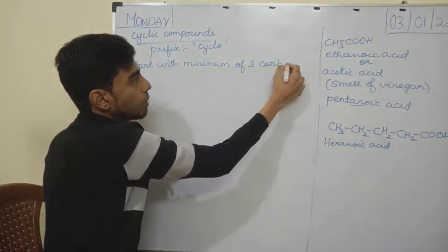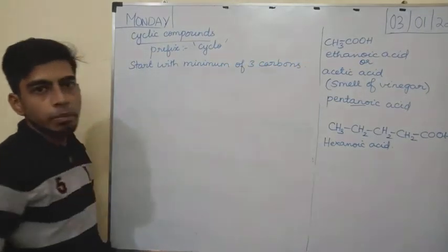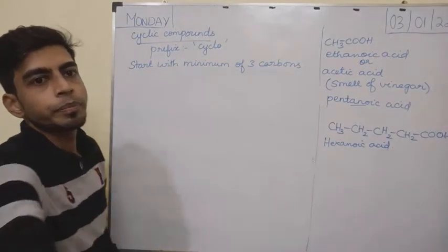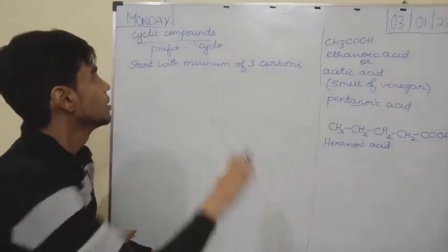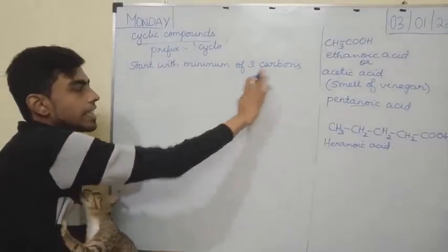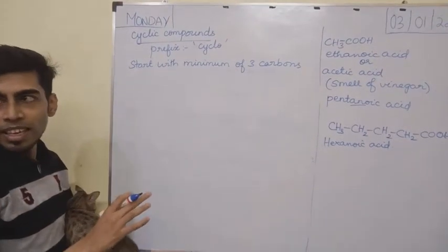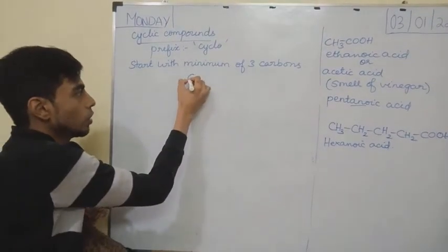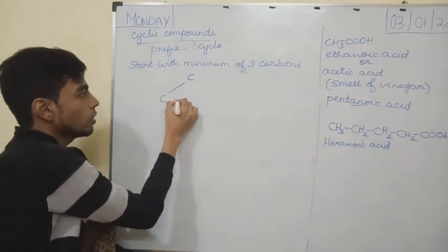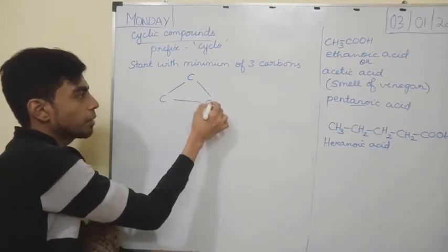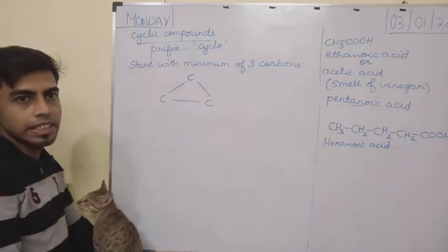With 1 carbon or 2 carbons, we cannot make cyclic compounds. So always with 3 carbons only we can form the minimum cyclic compound, like this.